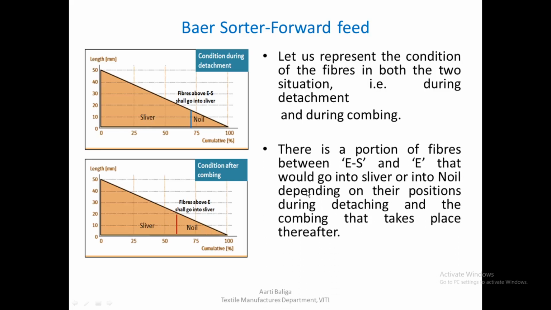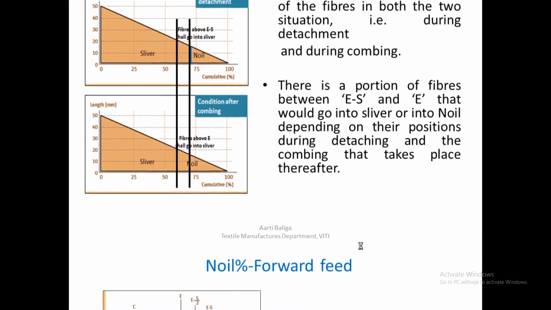So there is a portion of fibers between E minus S and E, just like before, for which we do not know whatever fiber lengths are lying in between these two lengths. We are not sure whether they would land up in sliver or in Noil. So these fibers can go either way depending on their position during detachment and combing.